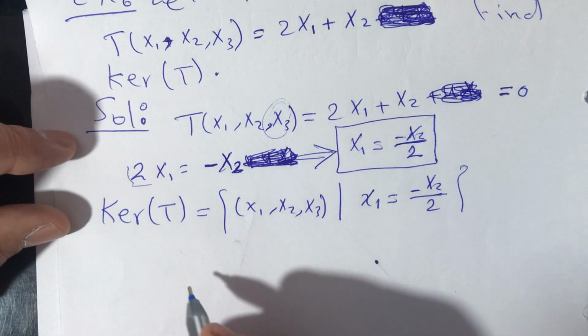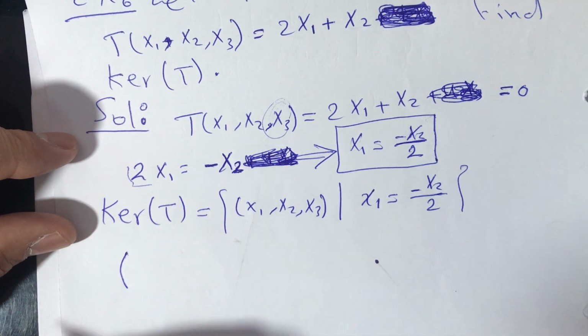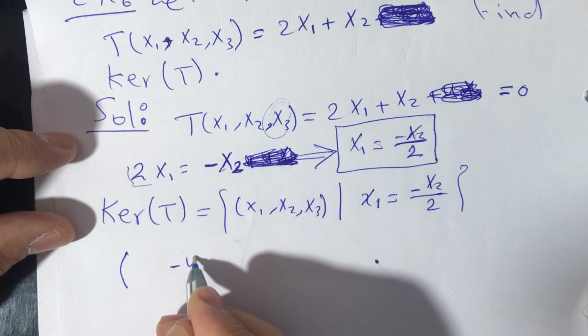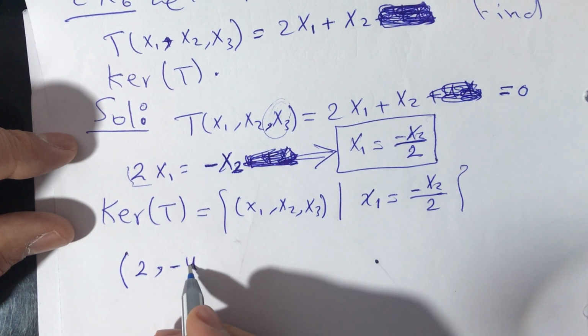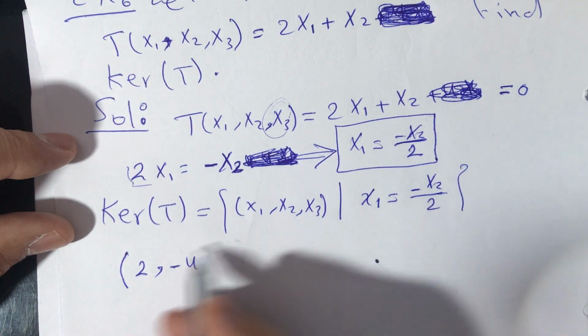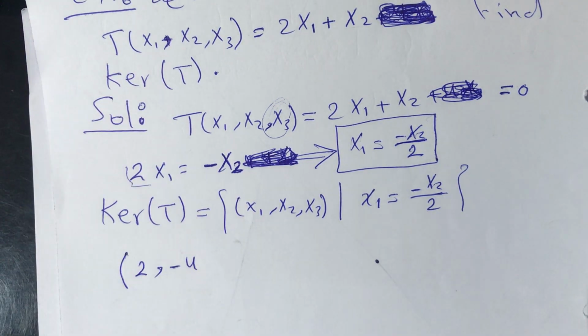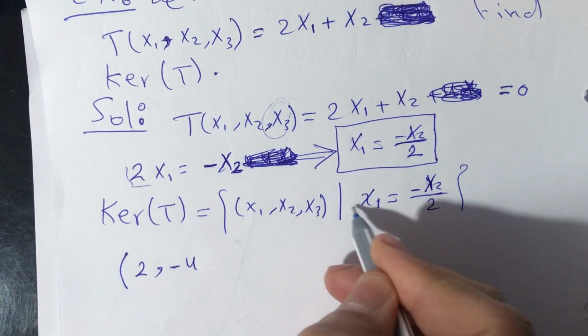So if we take a point, for example, x2 equal to minus 4, then x1 is minus minus 4 by 2, which is 2.